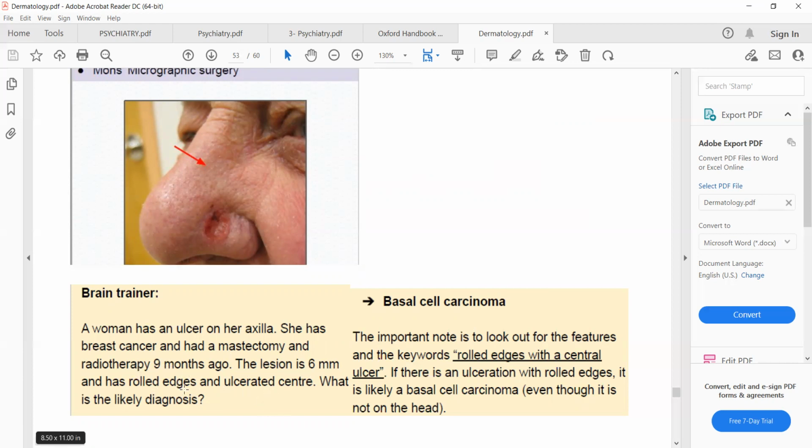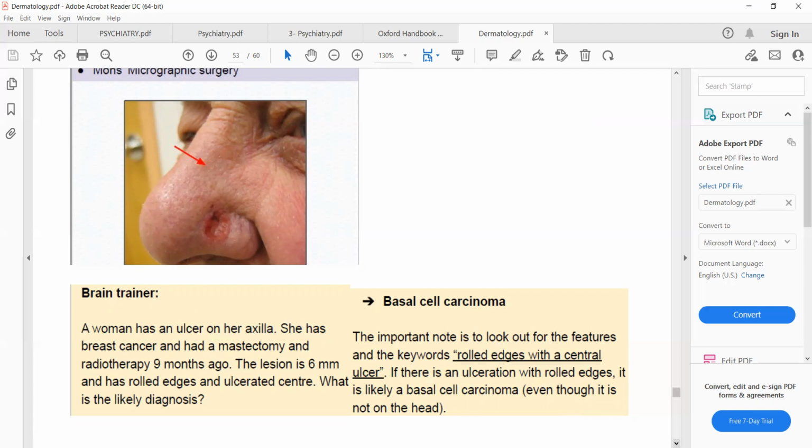Ulcers with rolled edges on the face, on the nose, or in any area of the body will always be basal cell carcinoma. As in this example, the ulcer was on her axilla and not on the face.